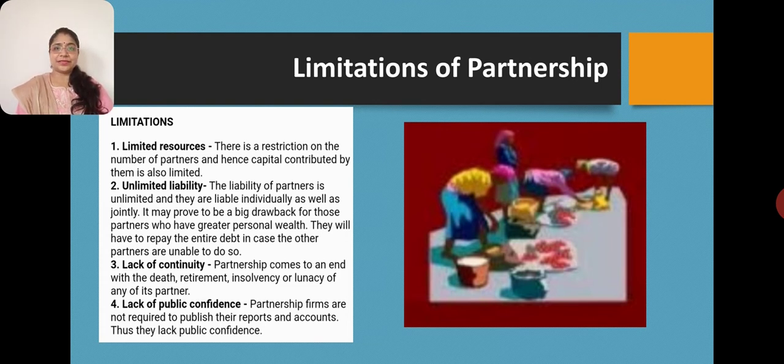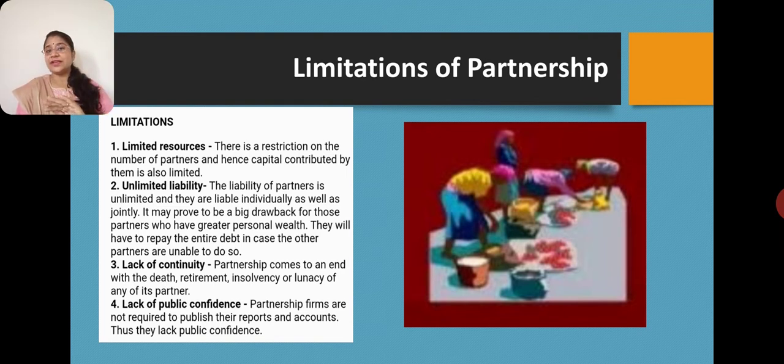Unlimited liability. The liability of a partner is generally considered unlimited. So they are all equally liable and even jointly liable. Why jointly? Because to cover debts, the party who wants to recover the debt, for example a bank, will first take the business assets. The business is a joint asset of all the partners, so jointly they are liable.